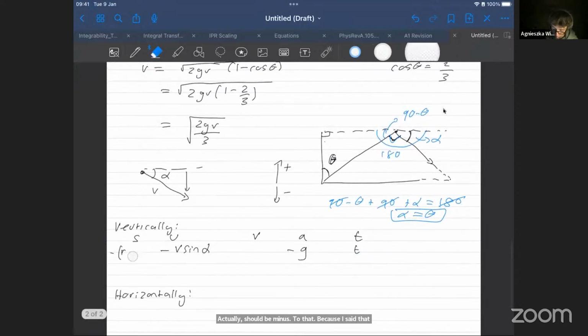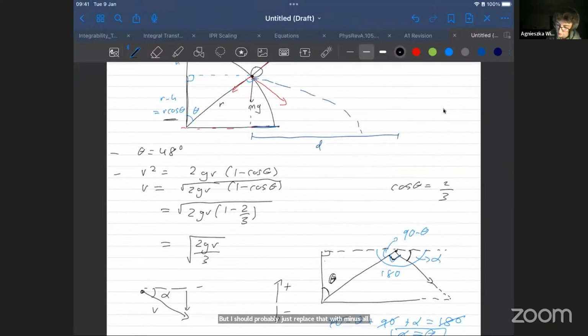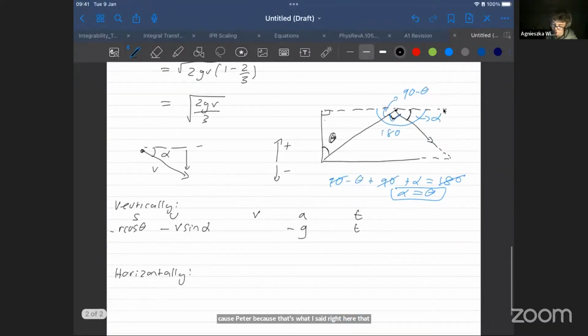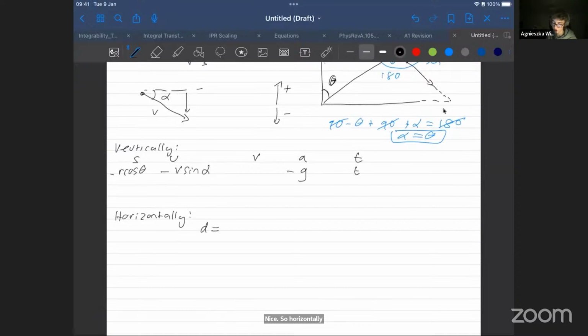But I should probably just replace that with minus R cos theta, because that's what I said right here, that the height from which it falls is going to be equal to that. Nice. So horizontally now, I know that the distance traveled is equal to the horizontal velocity times the time. So the distance traveled is equal to v cos alpha times the time. Okay, so I kind of know what I'm working with.